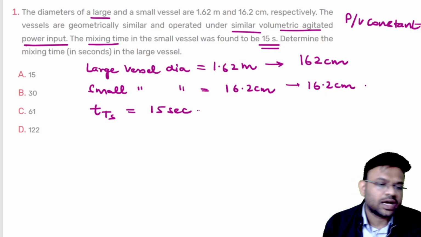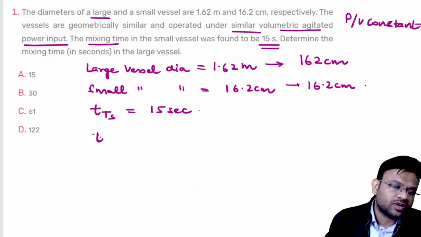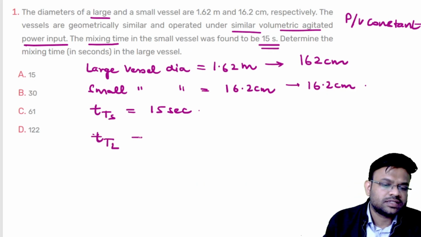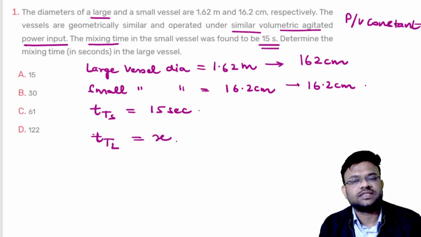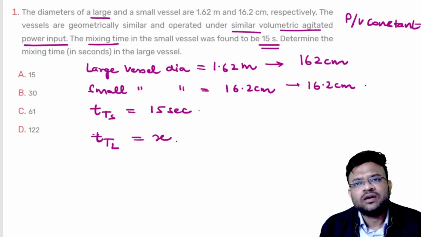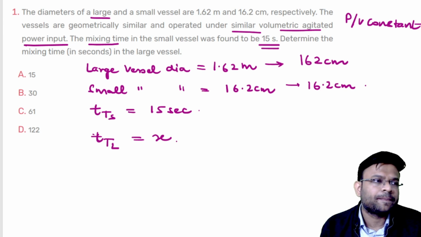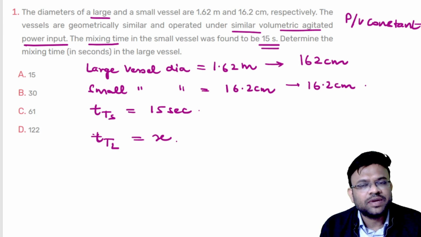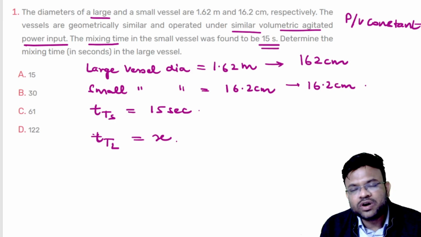Now I have to calculate the value for t of the large vessel, and let me consider it as X. Basically you can calculate it in a number of steps, by the formula in which the frequency and the diameter are correlated, and then move on to the mixing time.